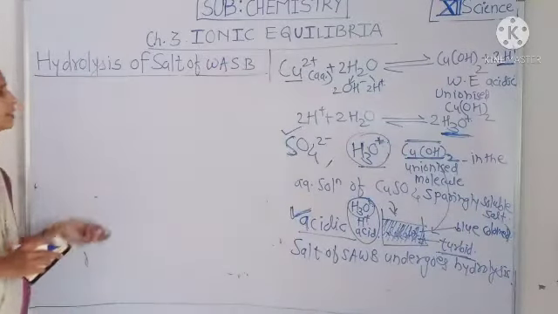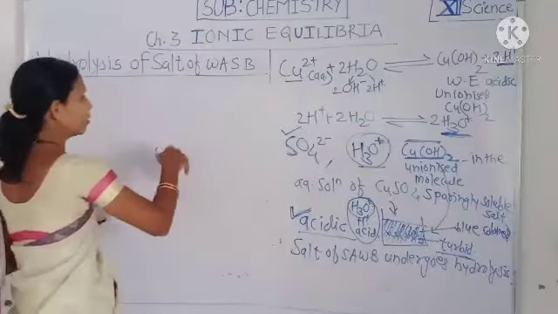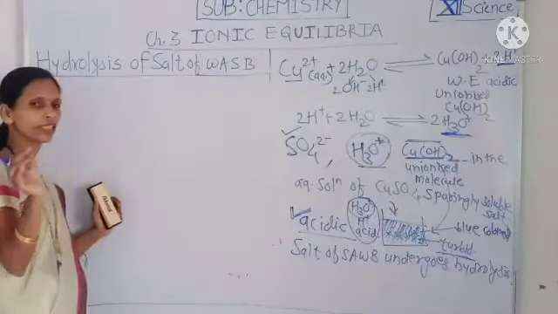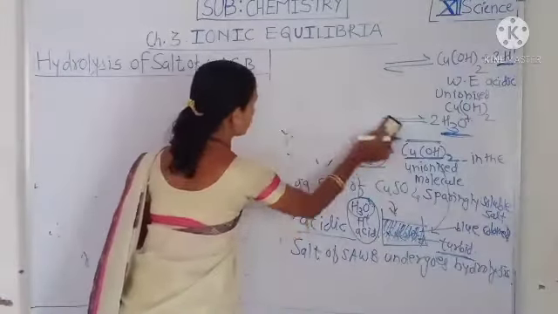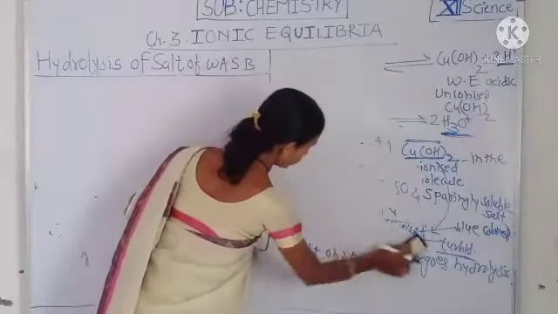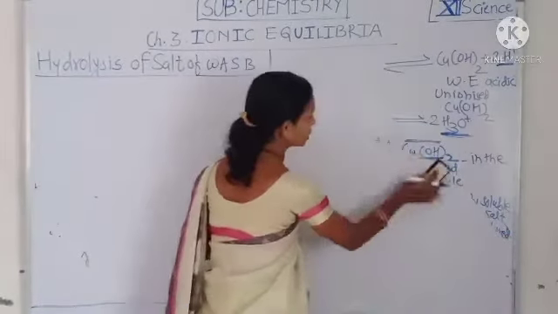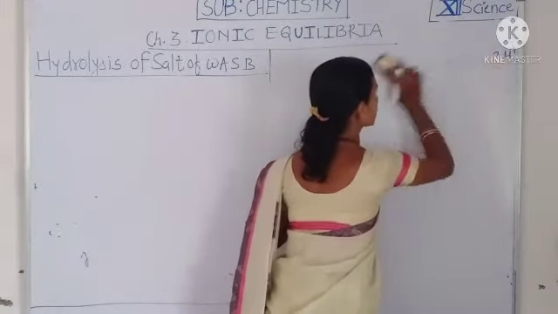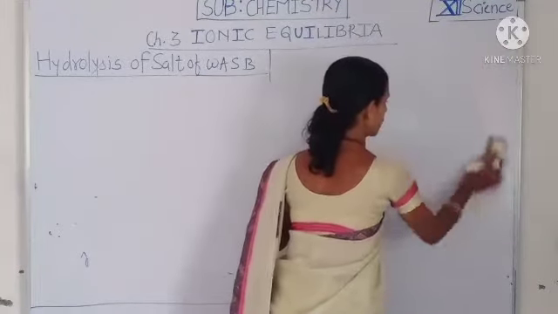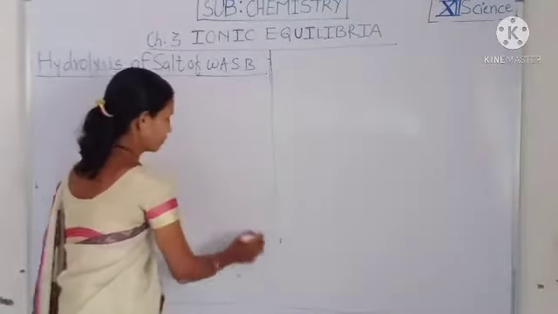As it is a salt of weak acid strong base, the salt itself is also a strong electrolyte. Then, taking one example of this type of salt, we have to determine whether this type of salt undergoes hydrolysis or not.